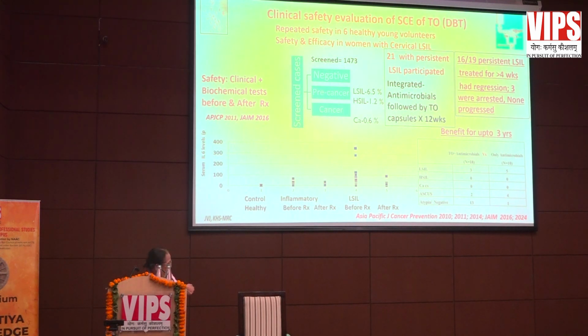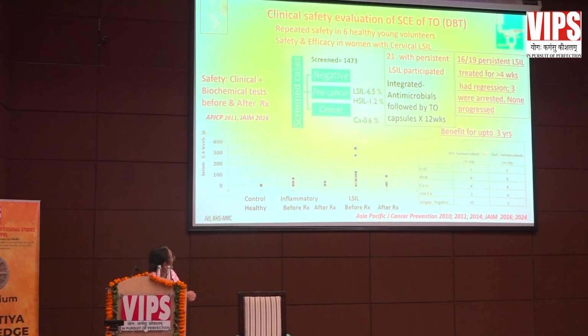So we had to screen so many women, and then low grade was 6.5%. The high grade were referred, because some of them didn't want to take any risk also. So they went for hysterectomy or went to another hospital.